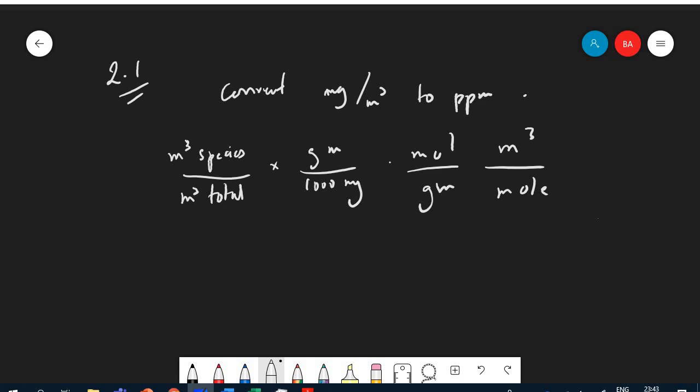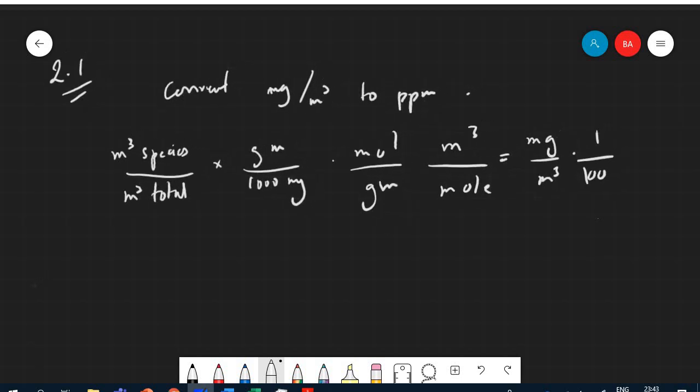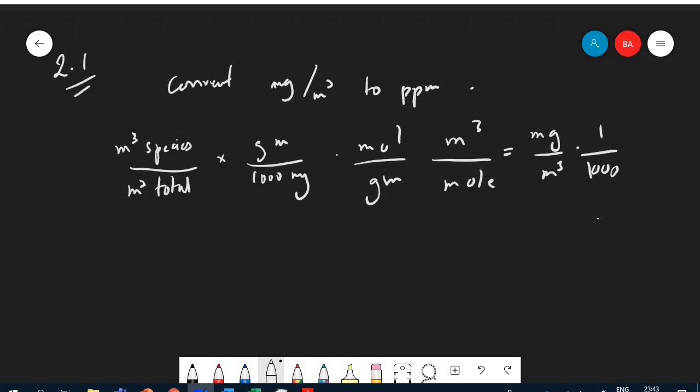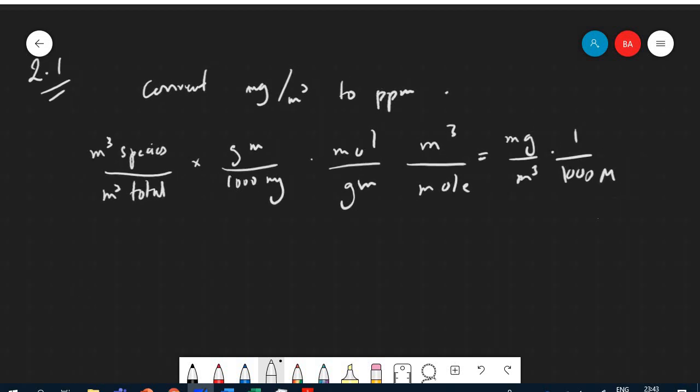If you do all of these calculations, what you're going to obtain is milligram per meter cube into 1 over 1,000 over the molecular weight, because we did not show the molecular weight, that is multiplied by meter cube per mole. Okay, beautiful.